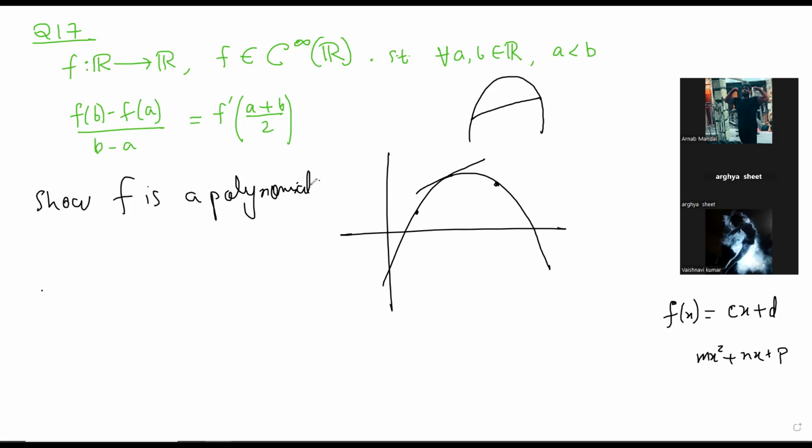If it's a polynomial, then certainly it has to be degree 2, because if it's a polynomial, then you already have this expression, a plus b by 2 times... no, that's not what I wanted. Just a minute.